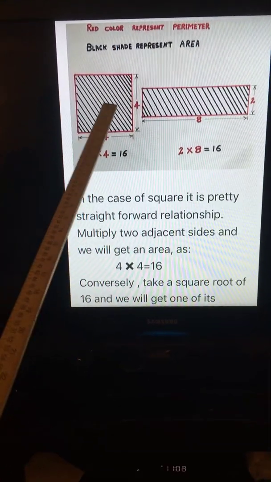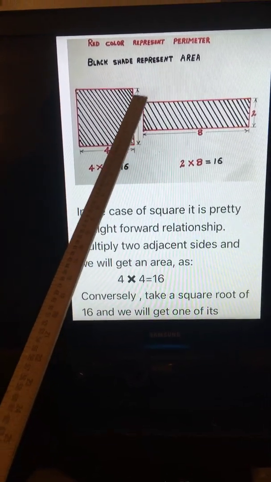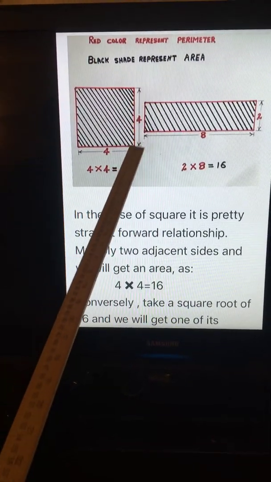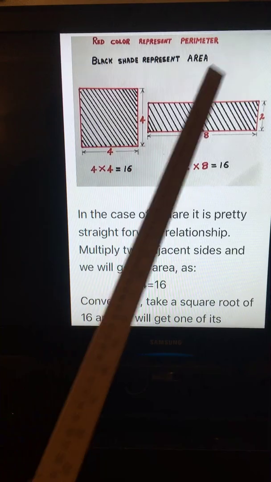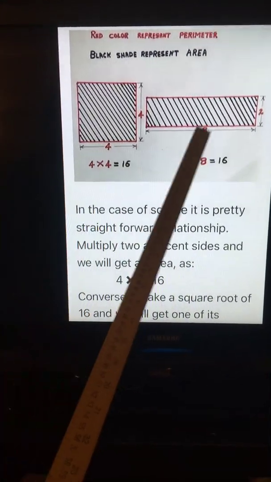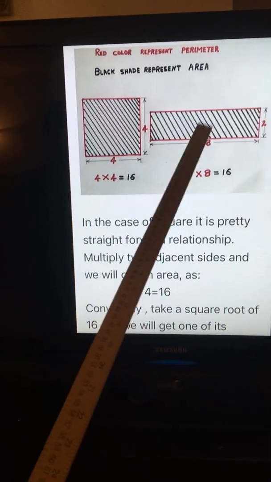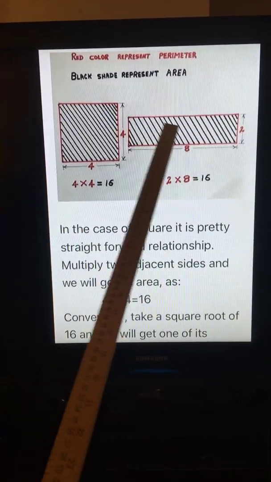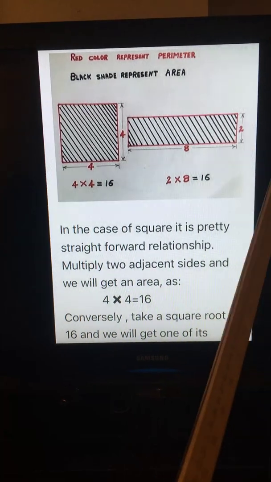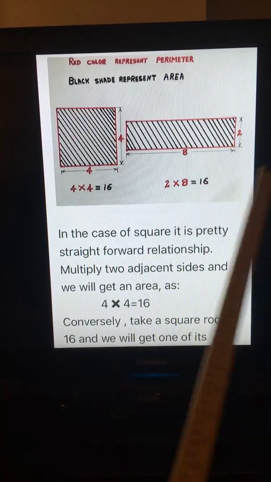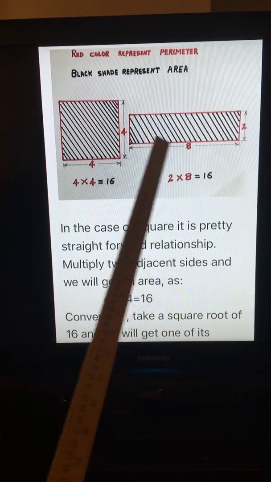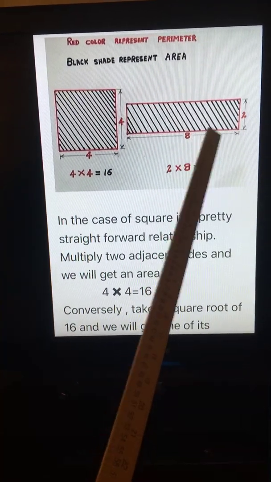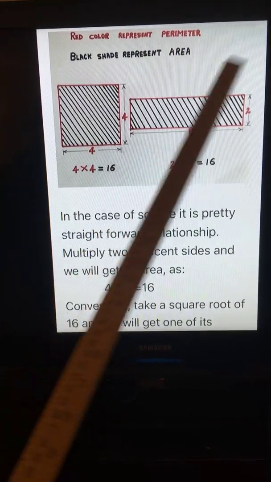We can get the boundary information from the area only in the case of a square, but in any other case we cannot get the boundary information. So, the perimeter of a rectangle is almost impossible to get because it could be 1 times 16 or any other.